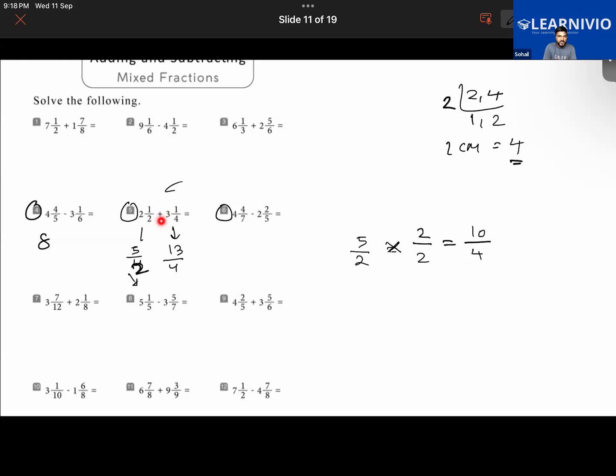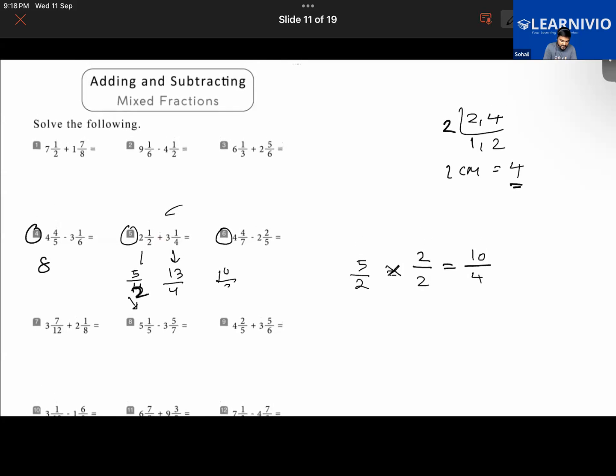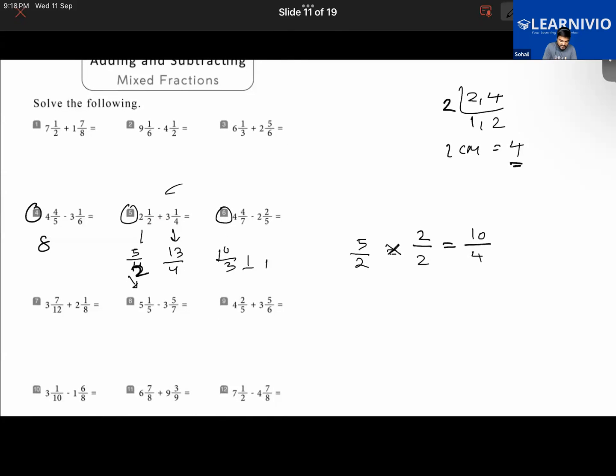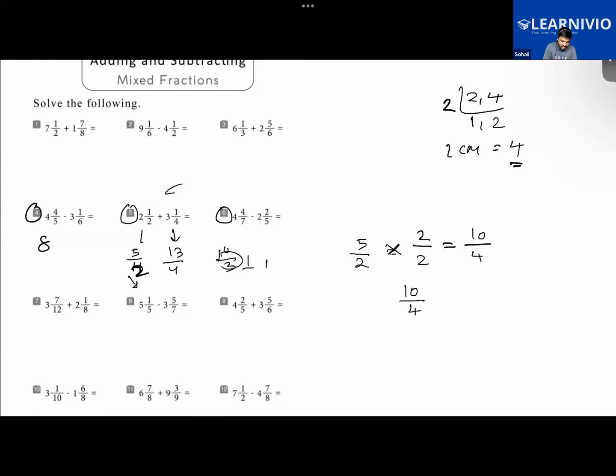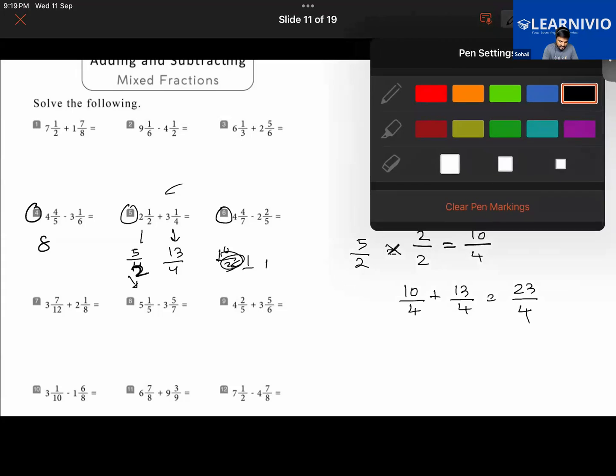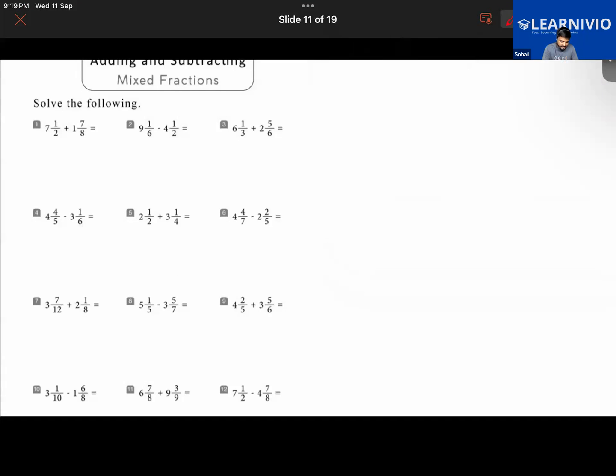Okay, now pay attention to this minute thing. So that is 10 upon 4 plus 13 upon 4, that is 23 upon 4. Got it? You're missing the minute details in the question. That's why you're making a small error.